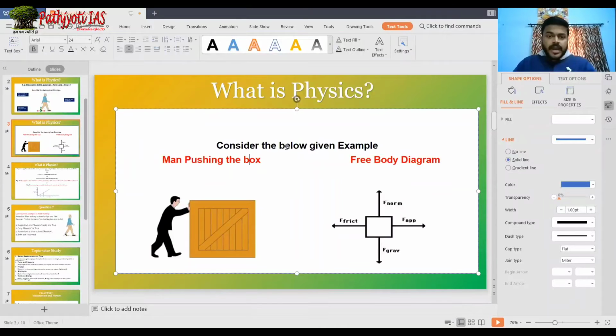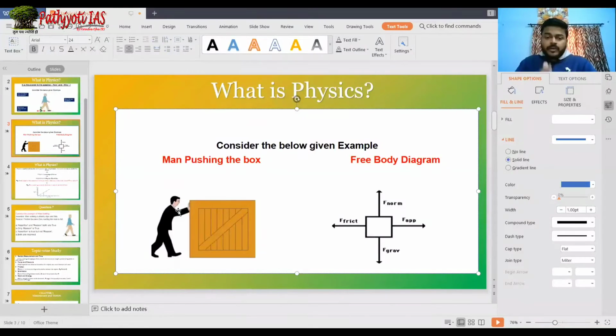If the conditions are ideal, friction can be taken as negligible. If the friction is taken as negligible, will the box move or not? It will move because we are taking friction to be negligible. It will definitely move. So what is causing the box to move? Definitely some force is causing the box to move.